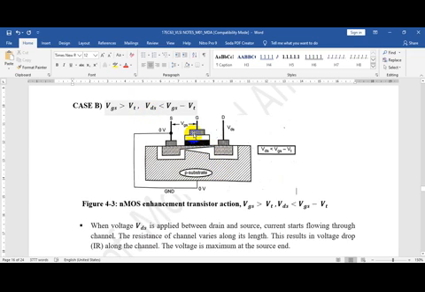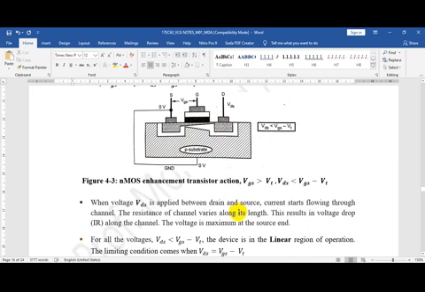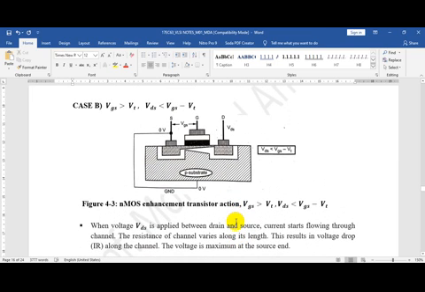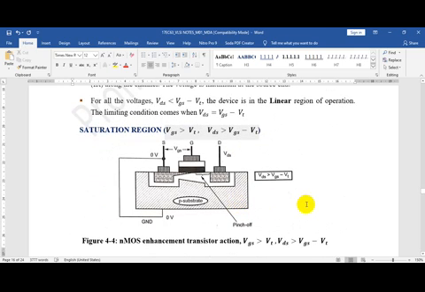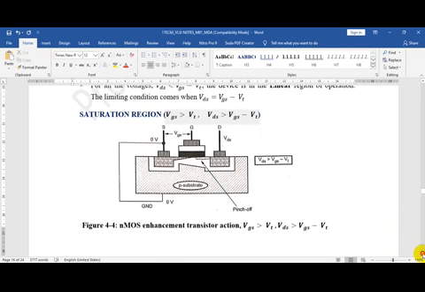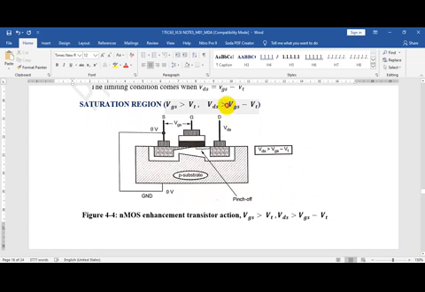In this condition, the channel still exists and the conduction of current is brought about by the majority carriers of N type, that is the electrons. That's why this region is called the linear region. The third region is the saturation region, in which we say the transistor is used as a switch.